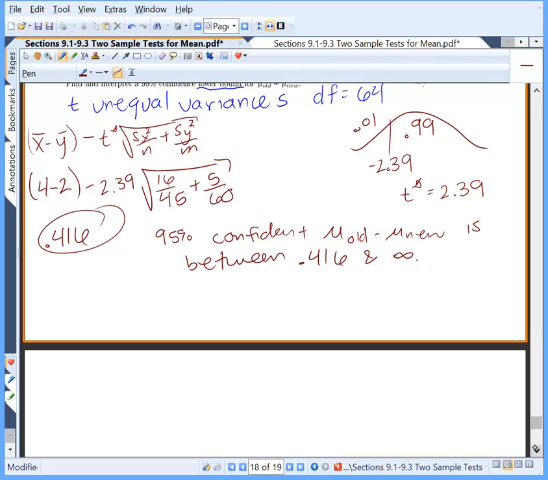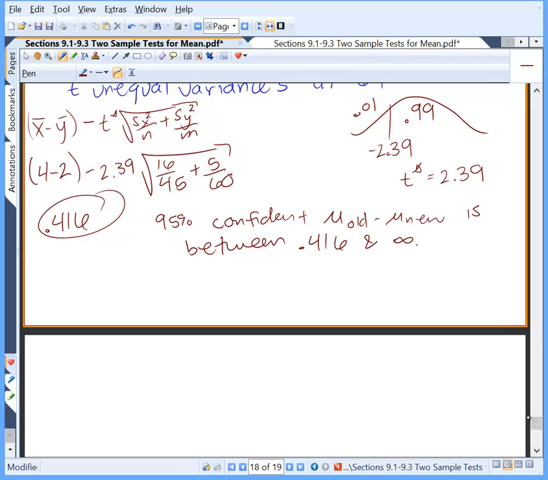Now, how would it be better to phrase this to our boss? We wanted to know if the new system reduced our billing times, and maybe by how much. So the old system is at least 0.416 higher.